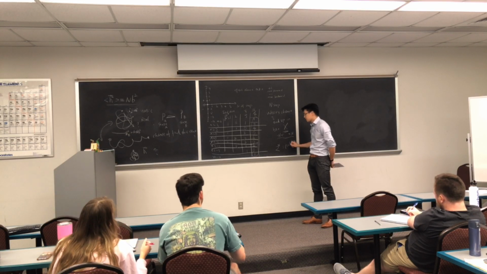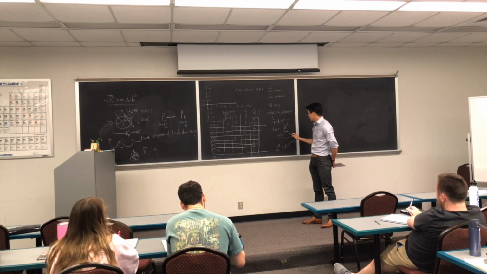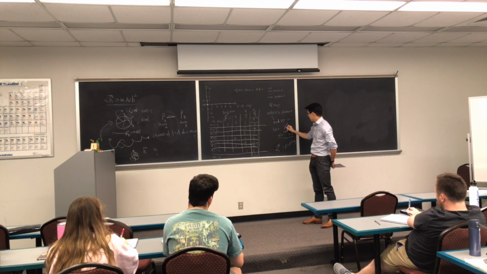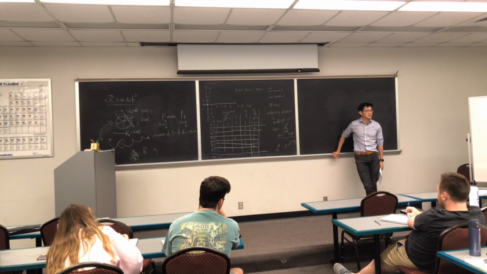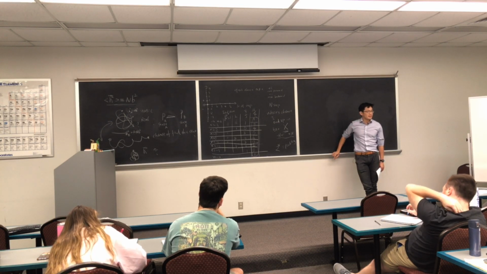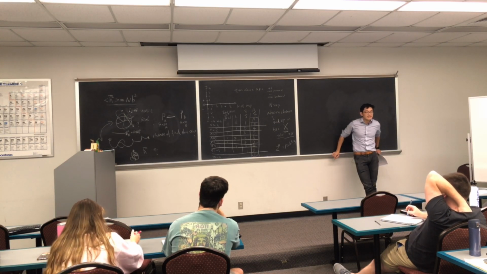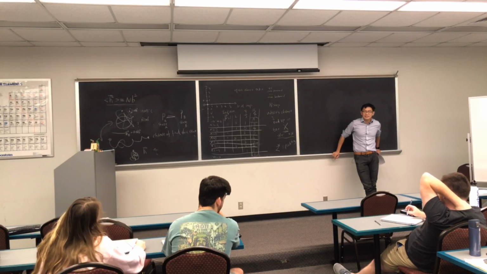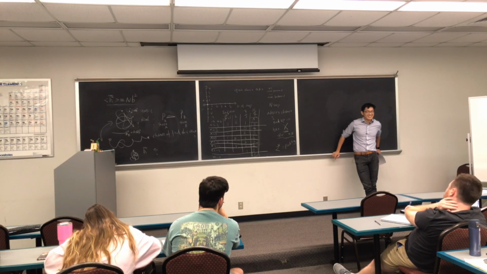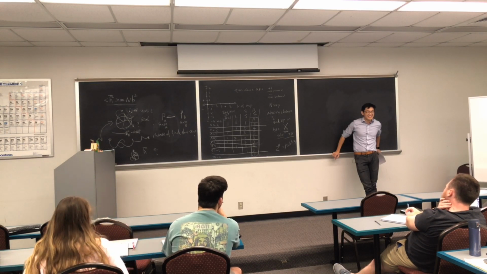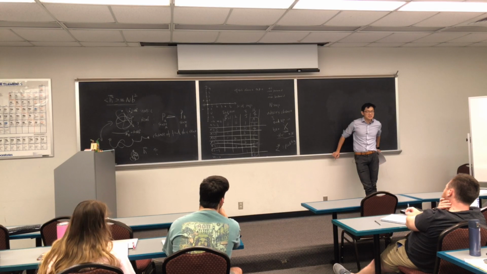Now the question is, how can you end up at a number x? How many possible ways can you end up at number x? Should I give you some hint? Permutation. You have to use a permutation. How do you do that?